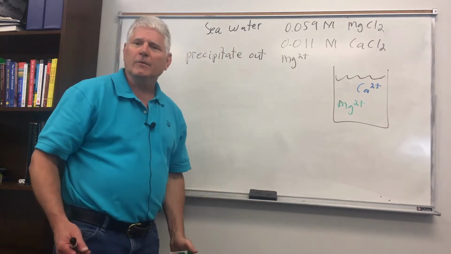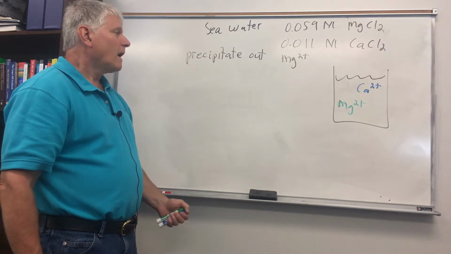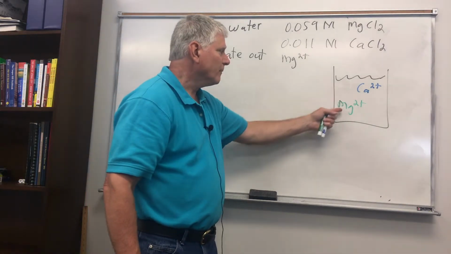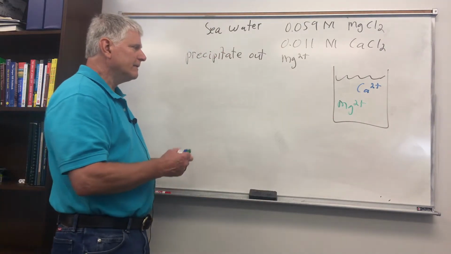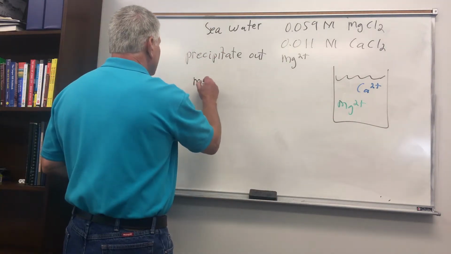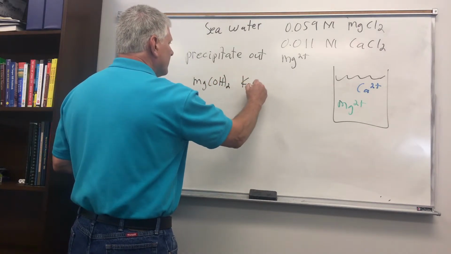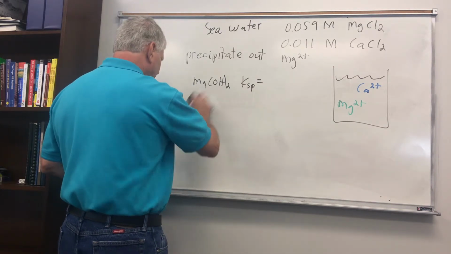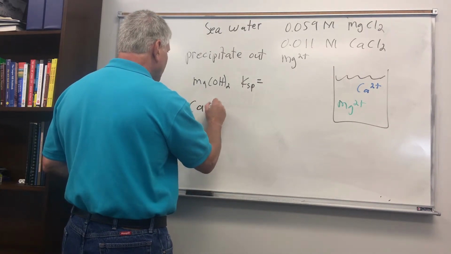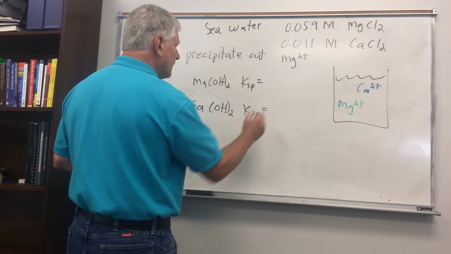So if we go to our table and look up compounds that are only slightly soluble that contain the same anion for calcium and magnesium, we see that magnesium hydroxide has a specific KSP, and calcium hydroxide has its KSP.